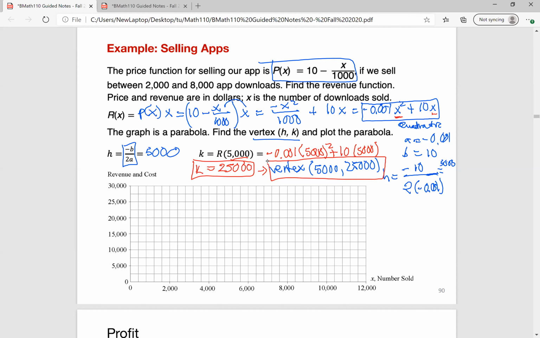The vertex x-value is 5,000, so here's 4,000, 5,000 is in the middle, here 2,000, 4,000, 6,000.